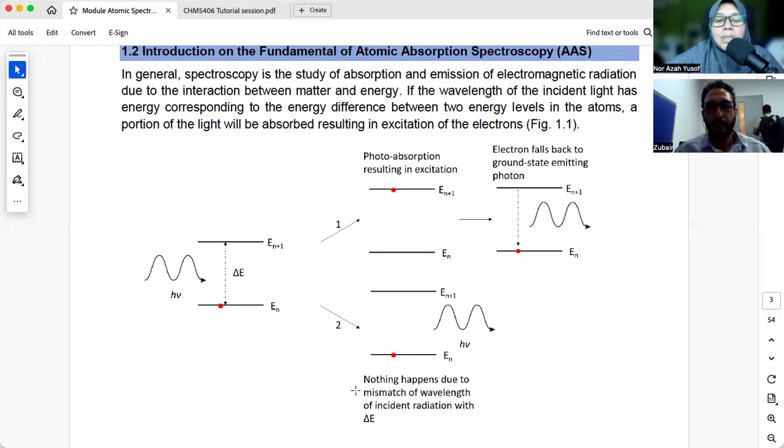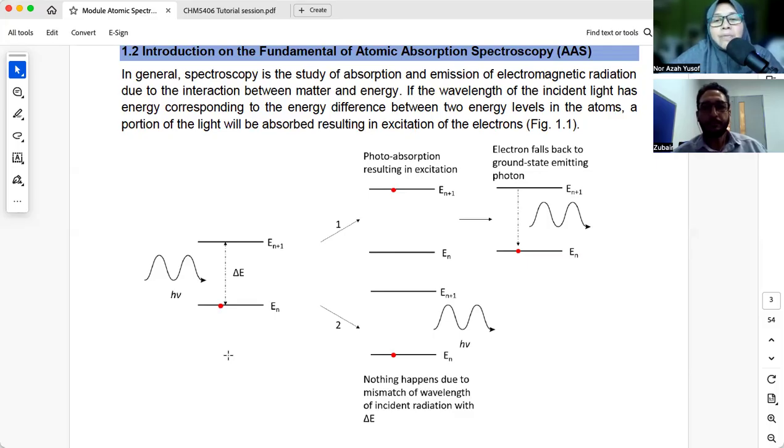Okay, so this is what the statement meant, that nothing happens due to mismatch of wavelength. The energy provided must be sufficient, must be correct, in order for the electron to be excited. That's why, if you remember, we were talking about the hollow cathode lamp last week, and that hollow cathode lamp must be specific to the element, remember?